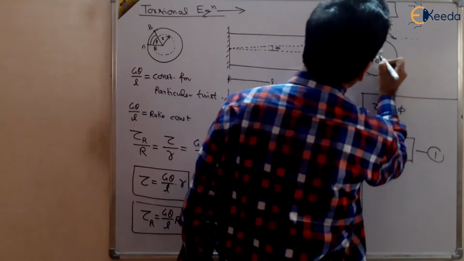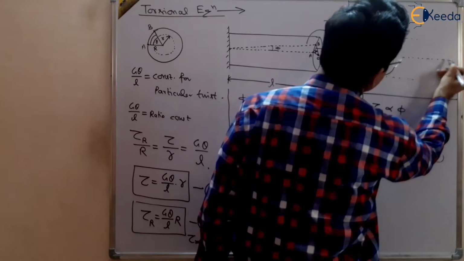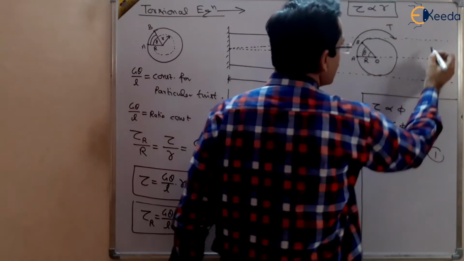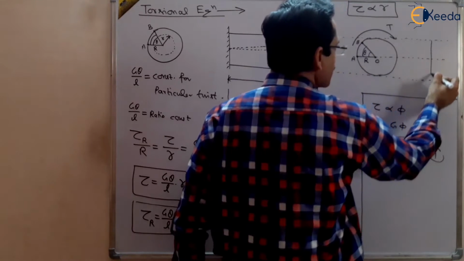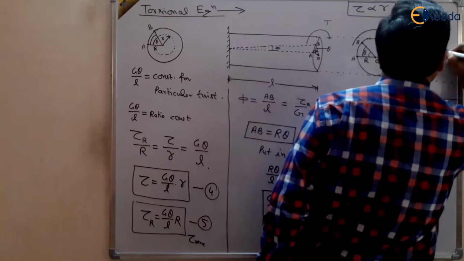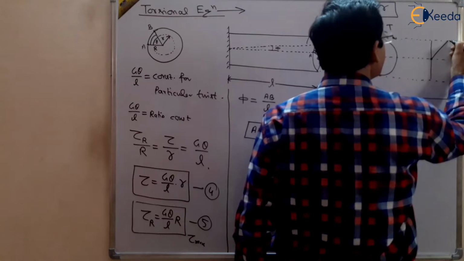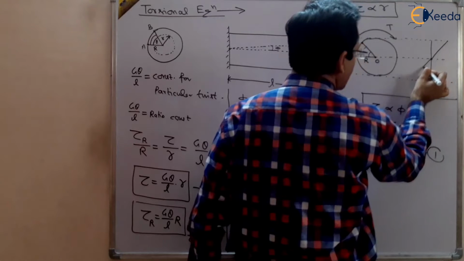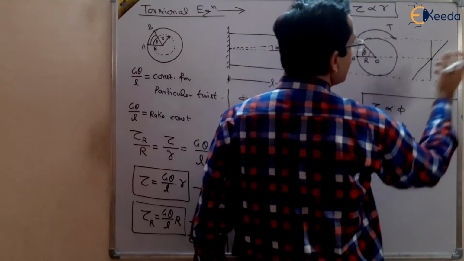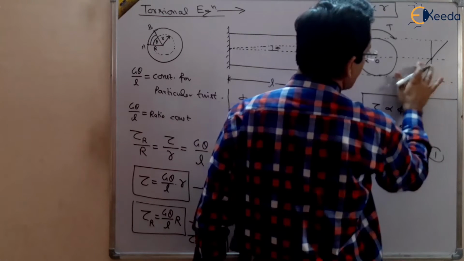So what type of curve will you obtain for shear stress? Suppose at any cross section we want to see, you will get a variation like this. At the center the shear stress is 0, at the outer periphery shear stress is maximum, and like this, right? On one side it will be the shear stress, on the other side it will be a complementary shear stress, because we have two shear stresses, right?